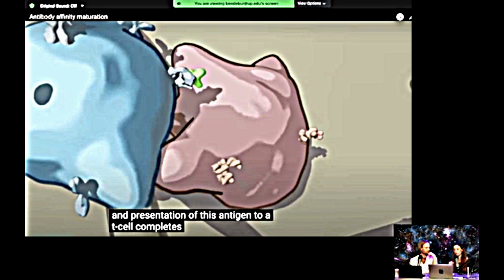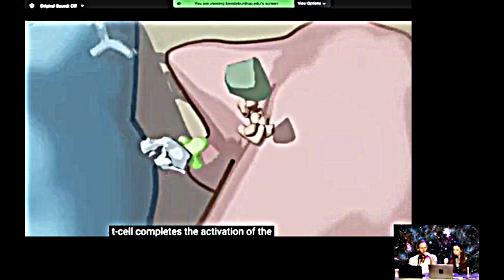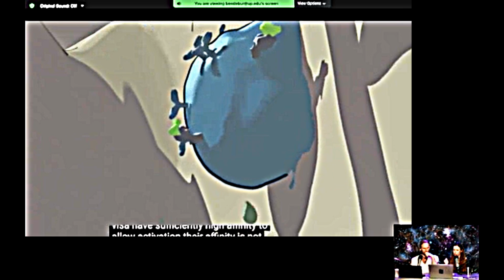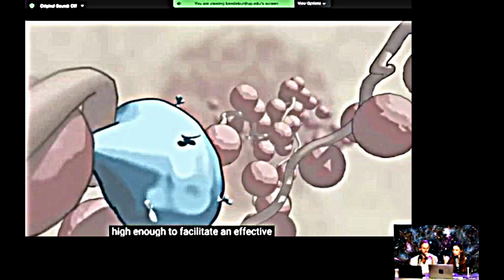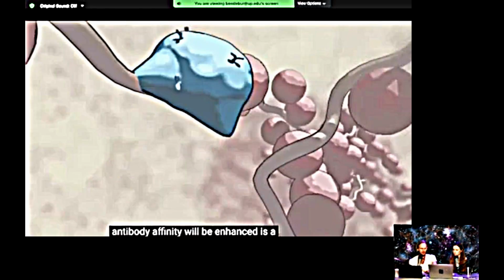It engulfs the pathogen, and then it presents it onto the surface. And so now it is an antigen-presenting cell, and it encounters a T cell. And the T cell is basically handshaking with it, and when it has done so, it is now activating the B cell like we saw in the previous video. So it could have been any cell that presented it to the T cell too.